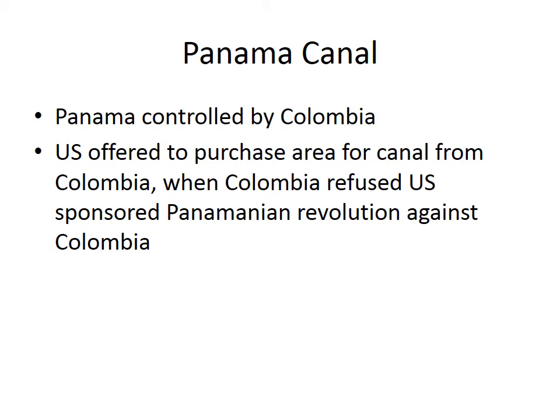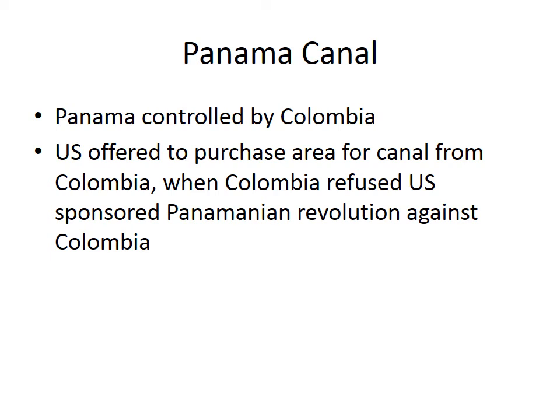However, the Panamanian Isthmus at this time is owned by Colombia, which is an independent kingdom. The U.S. at first offers to purchase the area from Colombia, but Colombia refuses.